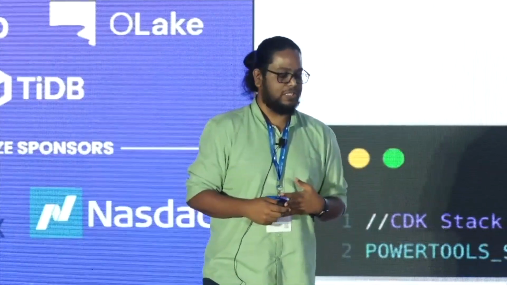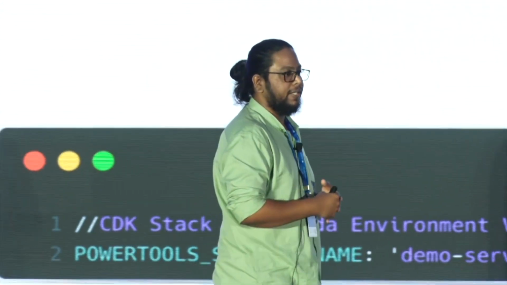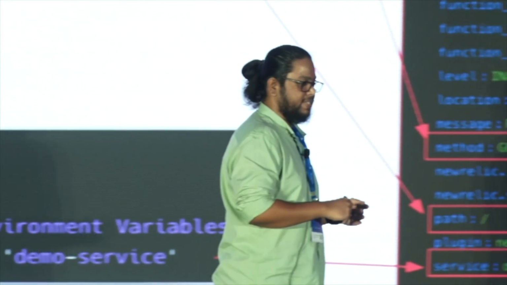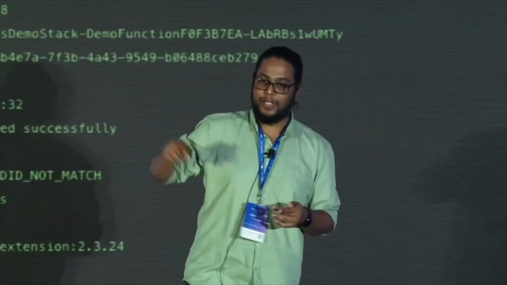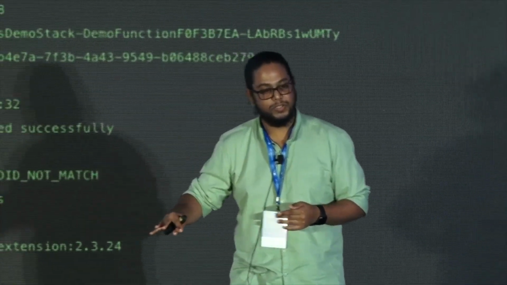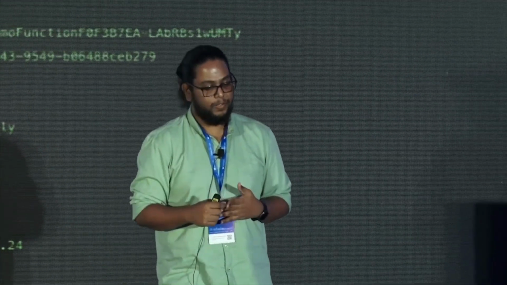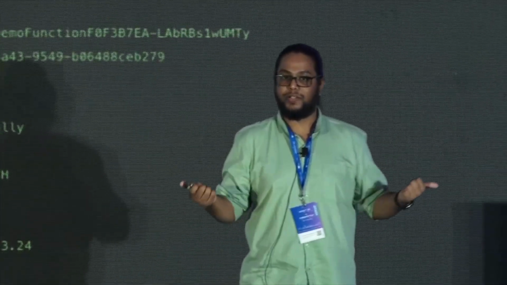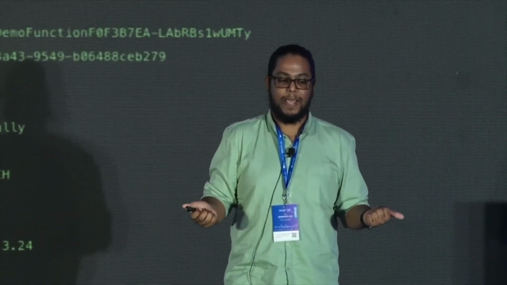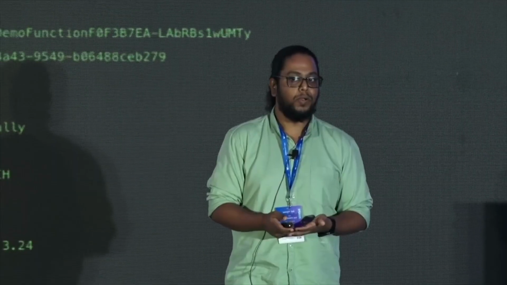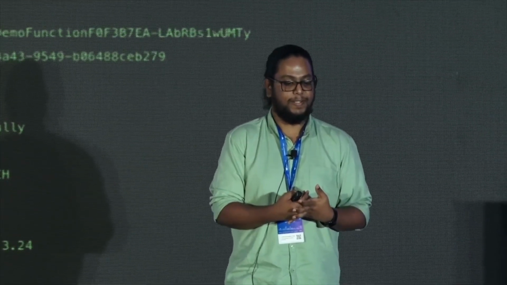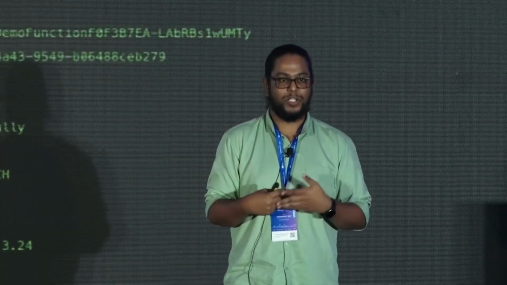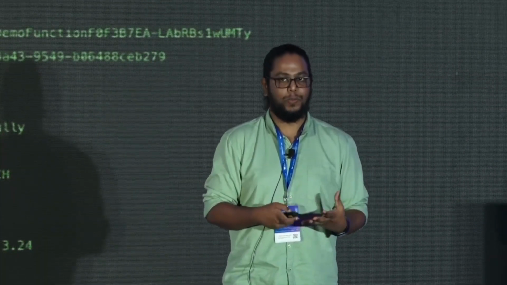So here is one such example where I did a Lambda function invocation. It did run well. The complete function executed. I got a response. It generated a bunch of logs, and this is one such example. So I'm using PowerTools logger here, where I'm setting it as info, and I'm adding in more information for my logs, telling in what path did it follow, what HTTP method did it follow.